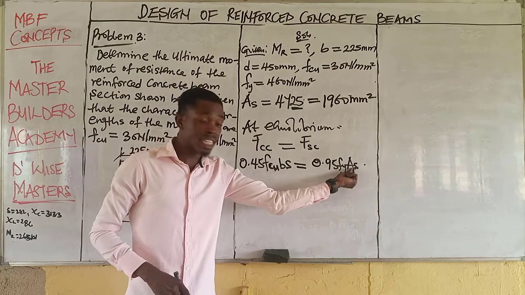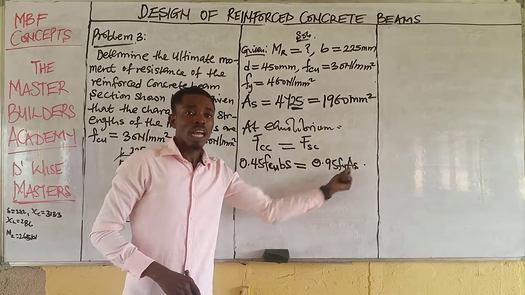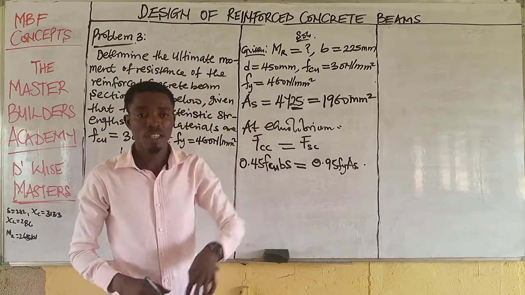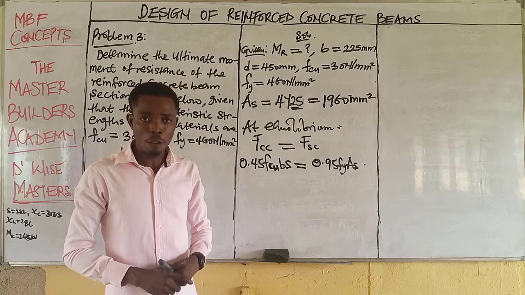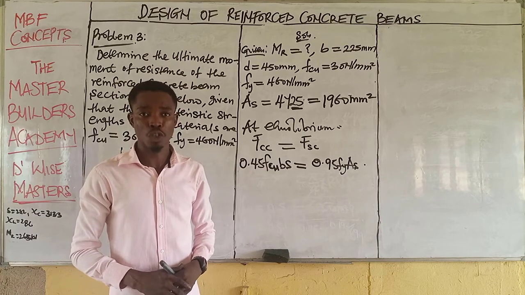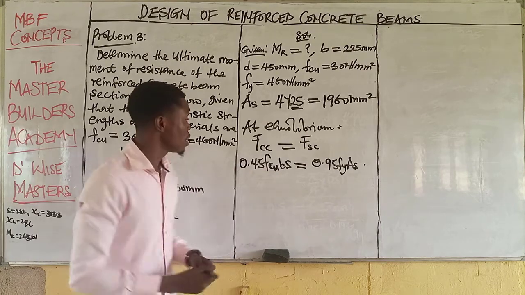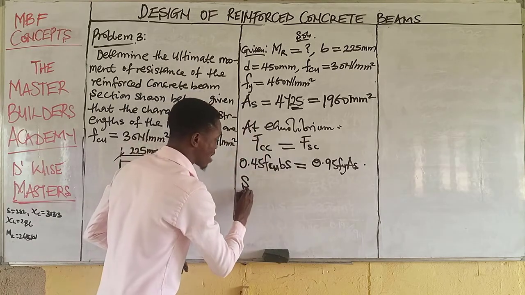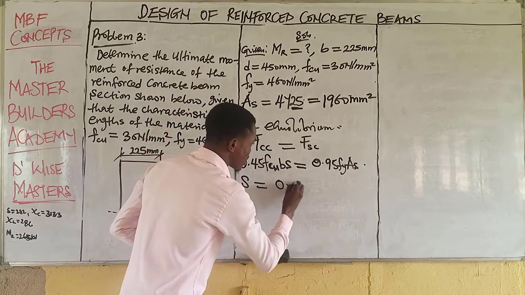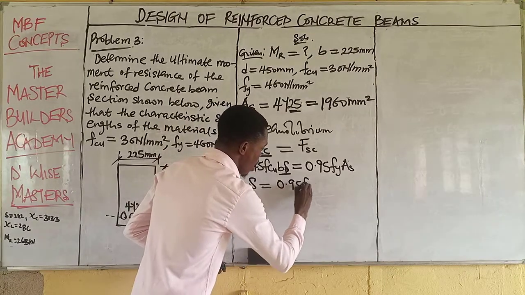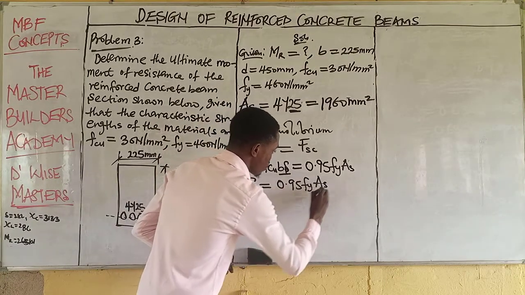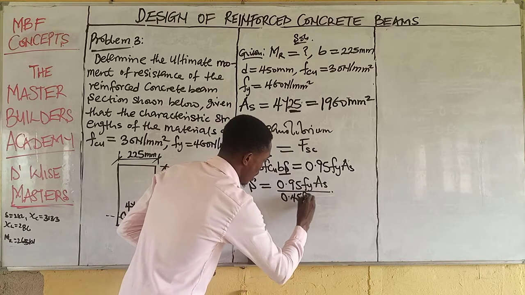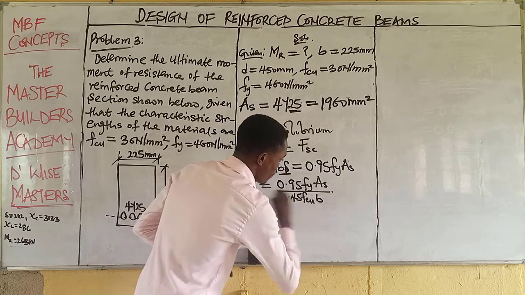This is the area of the steel at the tension zone. Now from here, all I need to do is to find the depth of the concrete at the compression zone. And how do I have this done? I will just simply make s the subject of the formula, and therefore we have s is equal to 0.95 f_y A_s all over 0.45 f_cu multiplied by b.